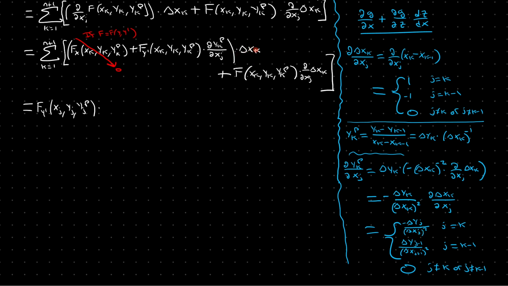This is delta xk, when j equals k, this is delta xj, so you just have negative delta yk over delta xk. And remember what this is, it's the same thing as negative ykp.